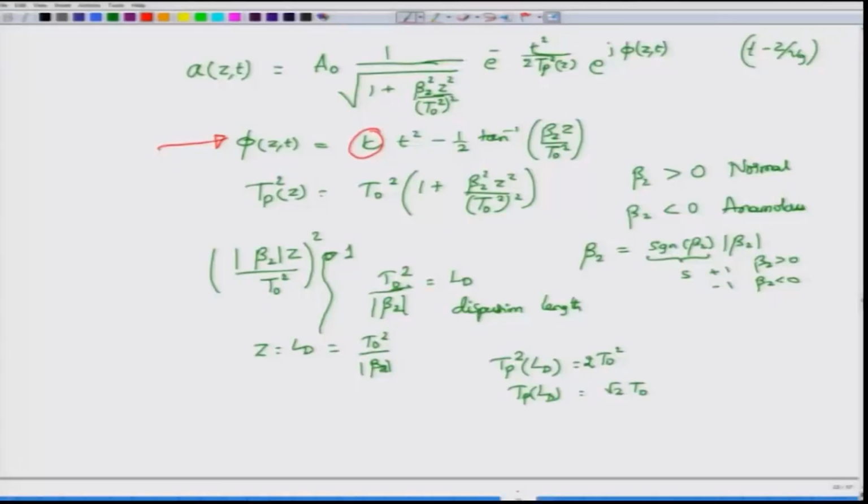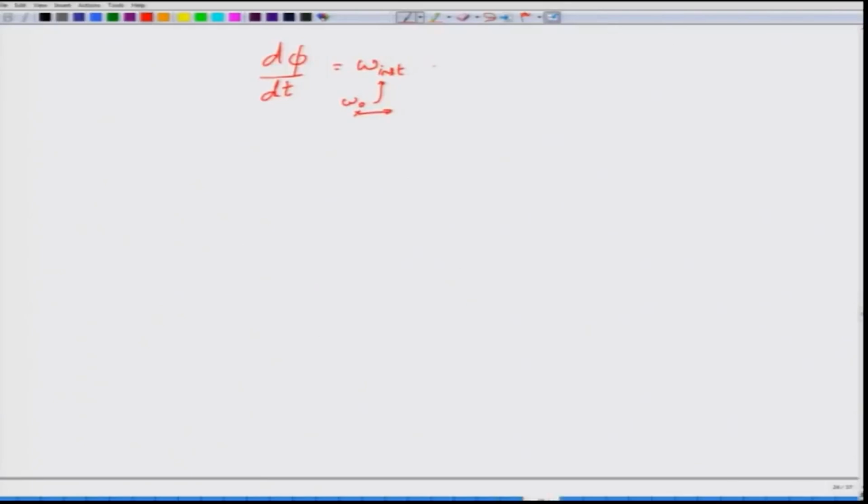Any derivative of phase will be the instantaneous frequency, and that derivative of the phase actually gives you, because the second term is constant, so that will go away with respect to the derivative, you will actually get 2 kappa t. It is very interesting that the instantaneous frequency deviation is actually dependent linearly on t, and kappa is greater than 0 for normal dispersion, and it would be less than 0 for anomalous dispersion.